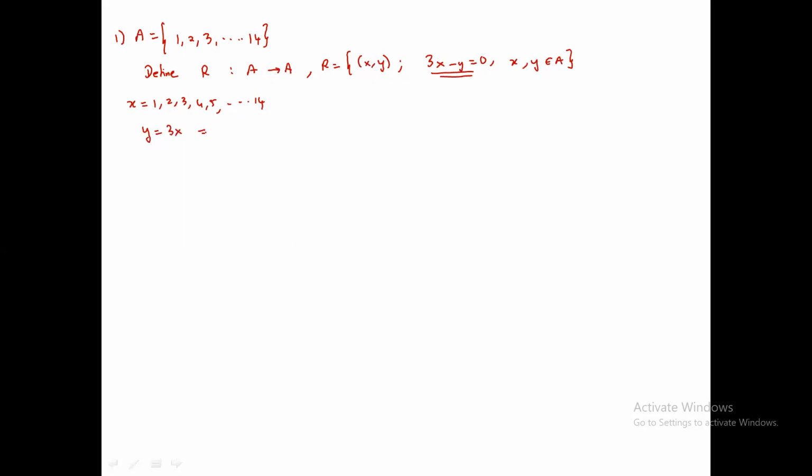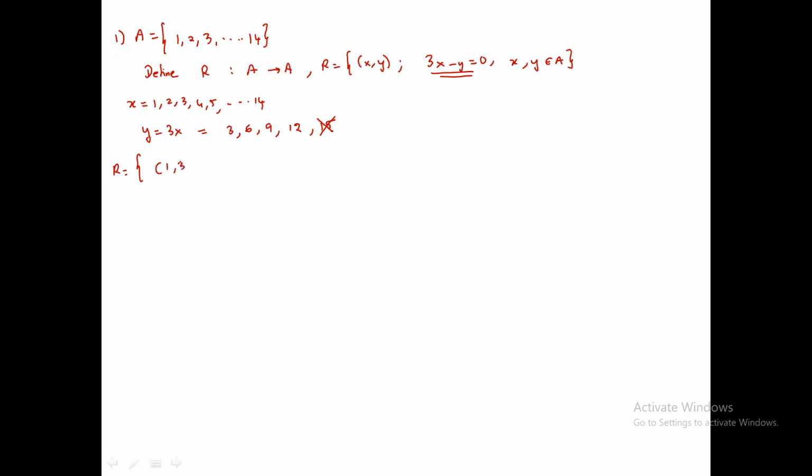That means the y's will be, when x is 1, 3. When x is 2, 6. When x is 3, 9. When x is 4, 12. When x is 5, 15. But you can't take 15 because 15 is not in set A. So you can take only these x, y's in the relation.